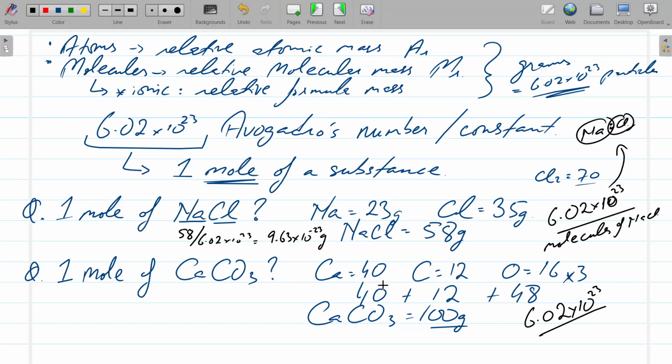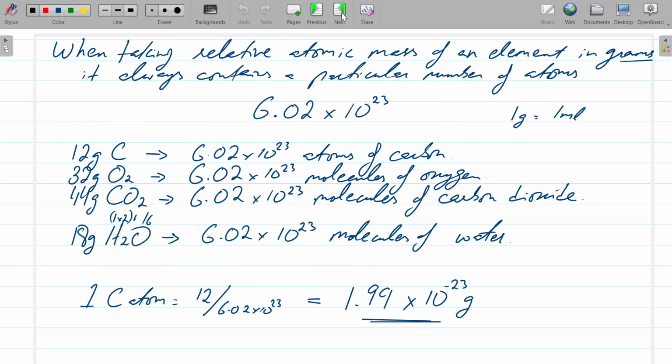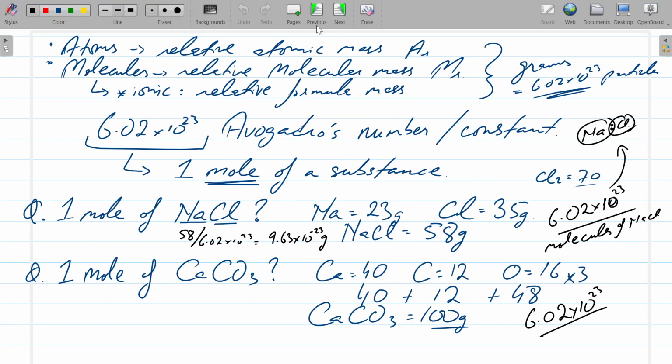Now, obviously, it's heavier than sulfur, which also makes sense, because NaCl weighs more than sulfur. So one molecule of sodium chloride weighs 9.63 into 10 to the power minus 23 grams.